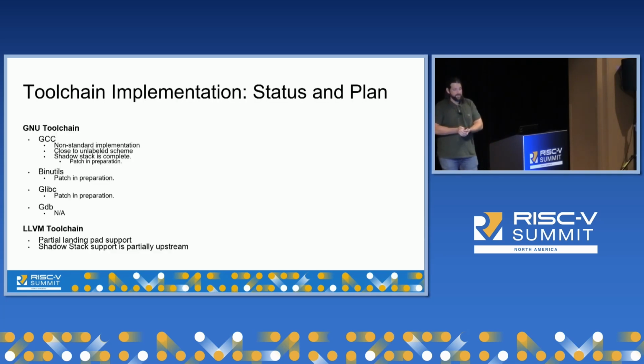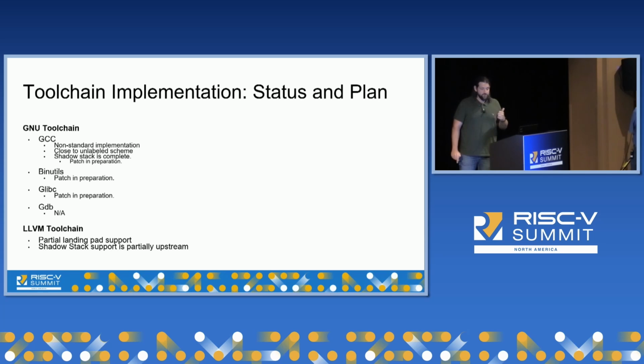Now, for toolchain implementation, the status and plan as of September, I think. So there is a known standard version implementation of GCC. The unlabeled scheme is very close to being finished. The shadow stack is complete, and there is a patch in preparation.